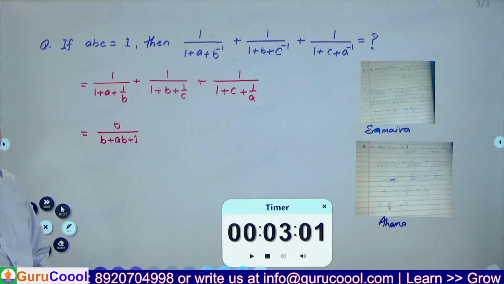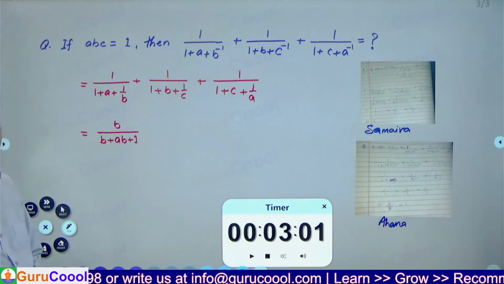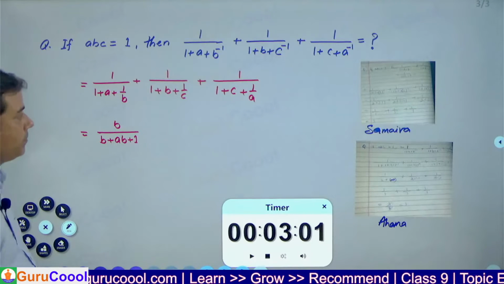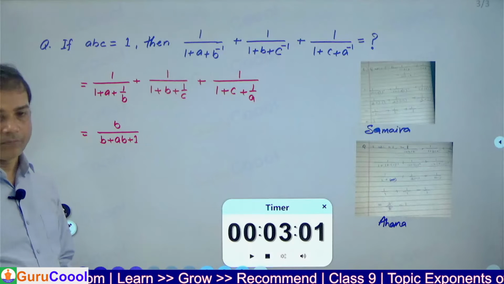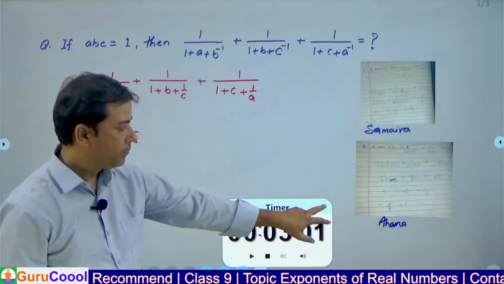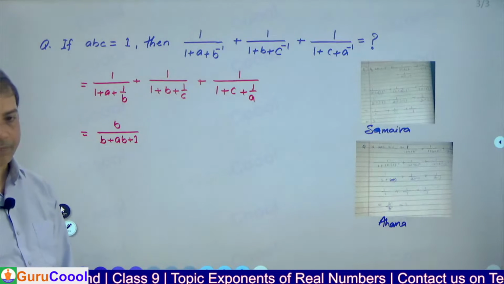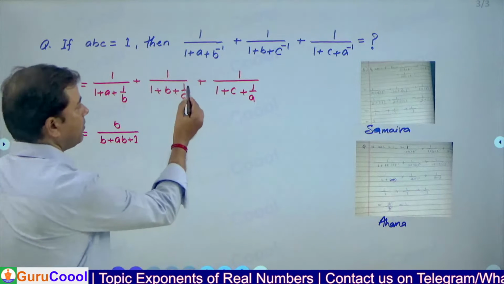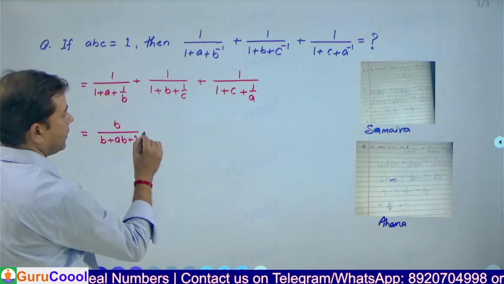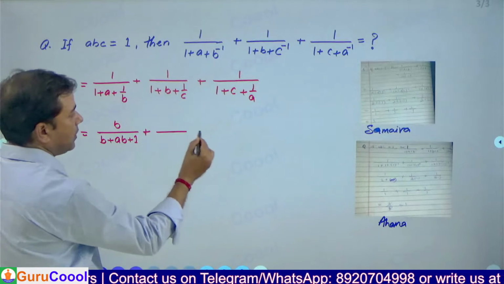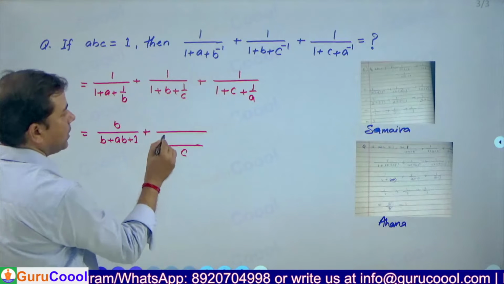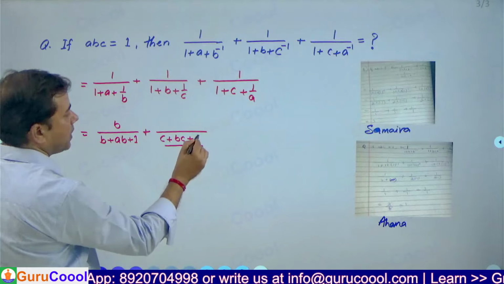Not clear? Yes, tell me. What's the confusion? No, sir, I got it. You got it. Same here also. We'll take c LCM. See, if you take c LCM like this, then c plus bc plus 1.